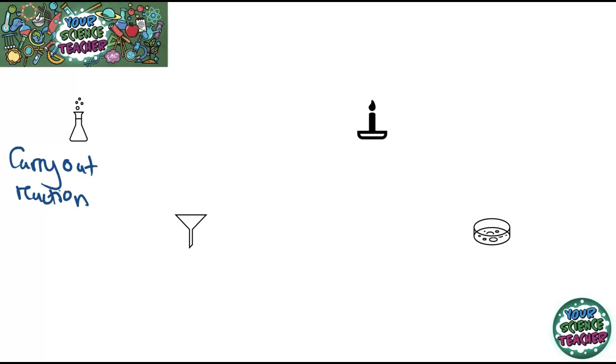You'll learn about in later topics, some reactions require what's called activation energy, a bit of energy to spark off that reaction. It's really important in this stage that we add our metal or metal hydroxide or metal carbonate in excess.